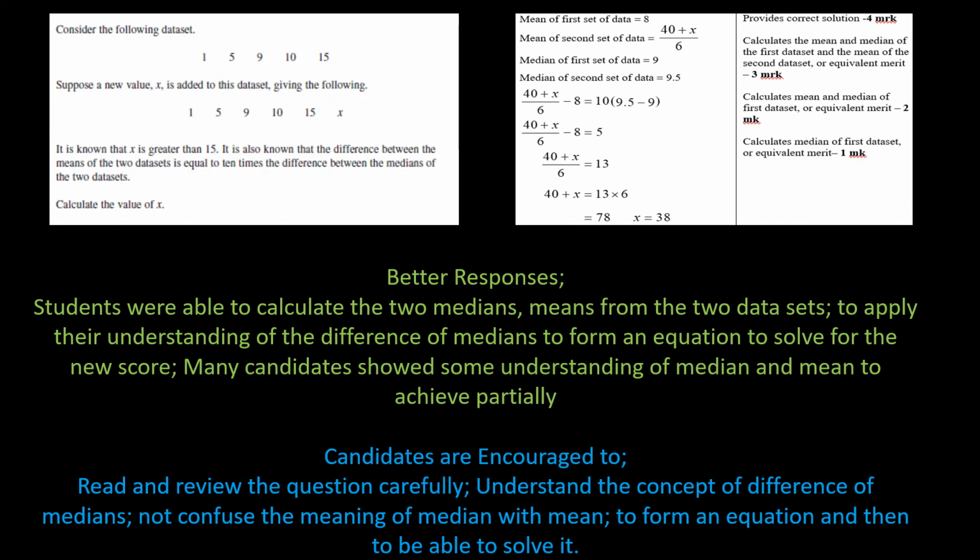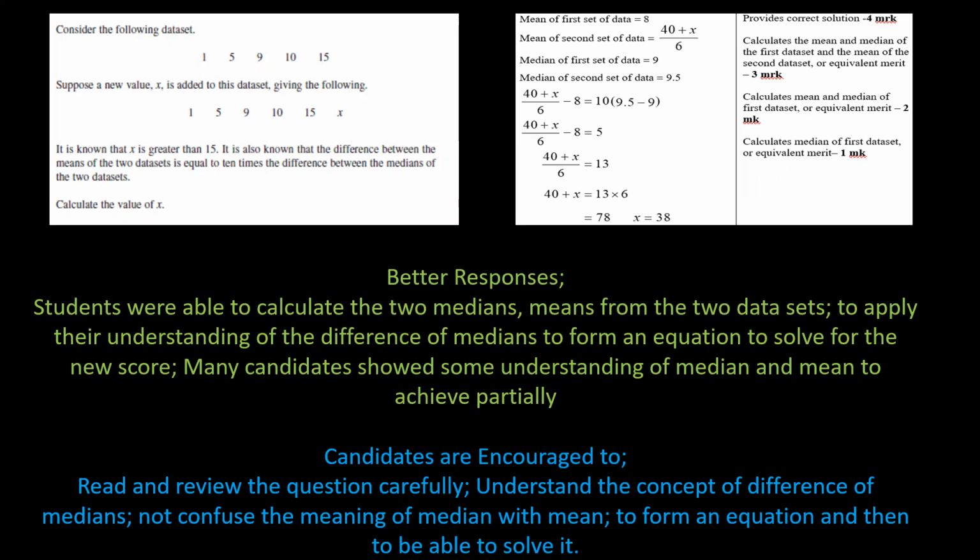In better responses, students were able to calculate the 2 medians and means from the 2 data sets. They were able to apply their understanding and find the difference of the medians to form an equation to solve for the new score. Many candidates showed some understanding of the median and the mean to achieve partial marks.